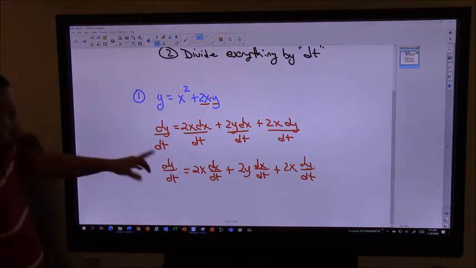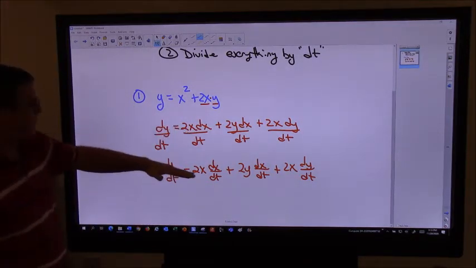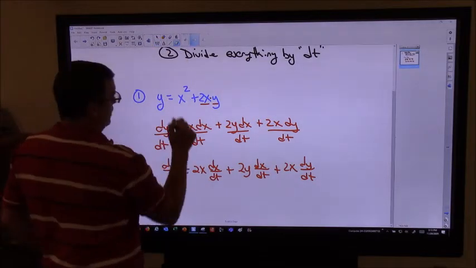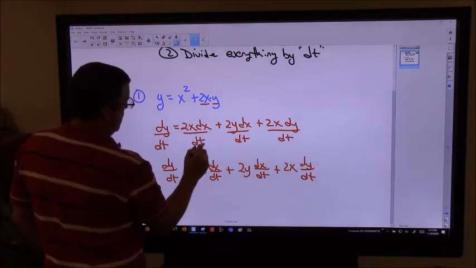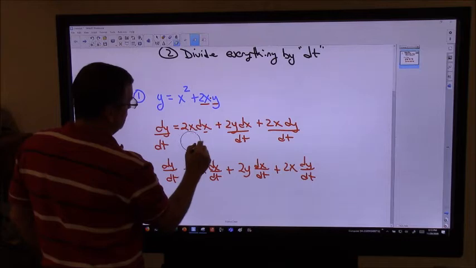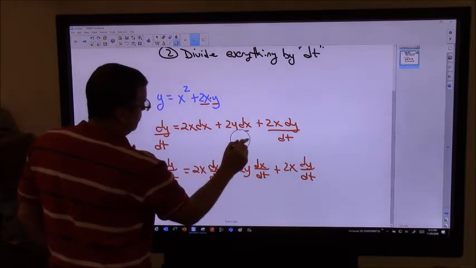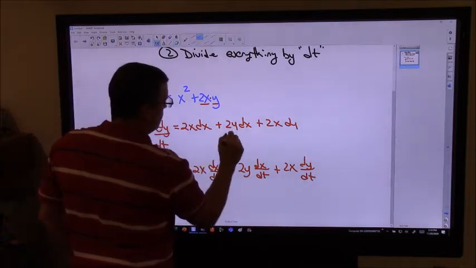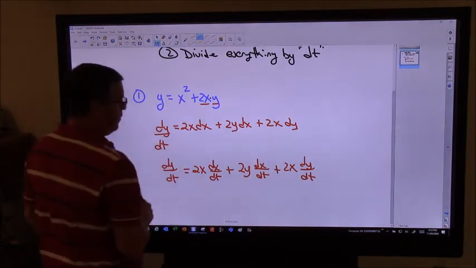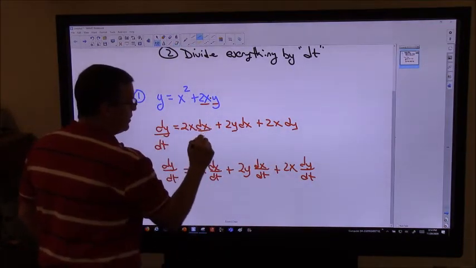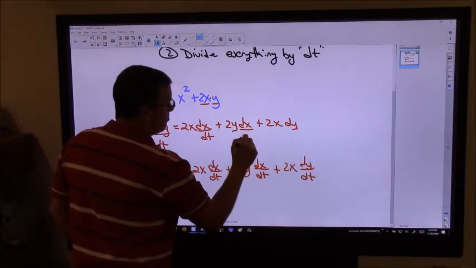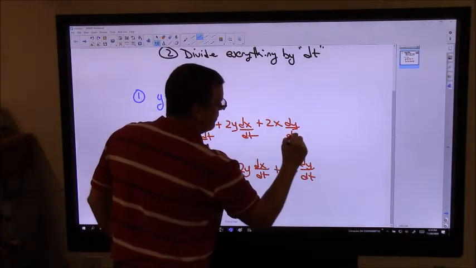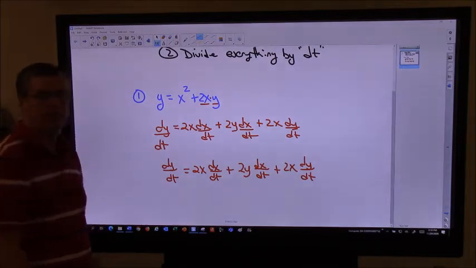And so really, I just wrote the same thing twice. What I could have done is let me just go back and erase some stuff here. I could have said, just divide all the dx's and dy's by dt, and now I've got the same thing that's written here.